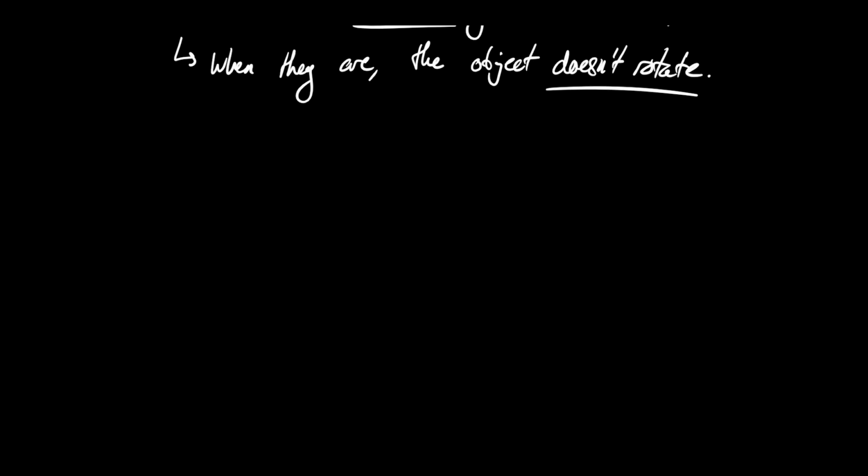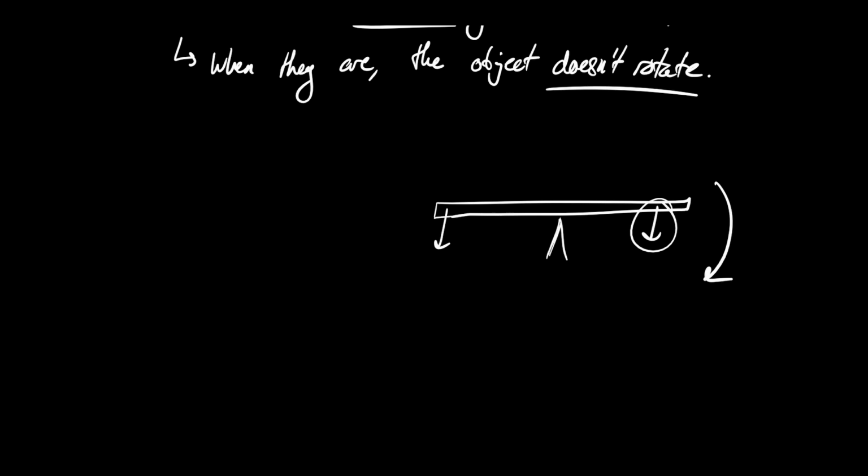Same thing here if you have, let's say, a long stick. Maybe it's balanced on a pedestal, and you make a push down here, and you make an opposing push down here. Well, this push tries to make the stick turn clockwise, while this push tries to make the stick turn counterclockwise.